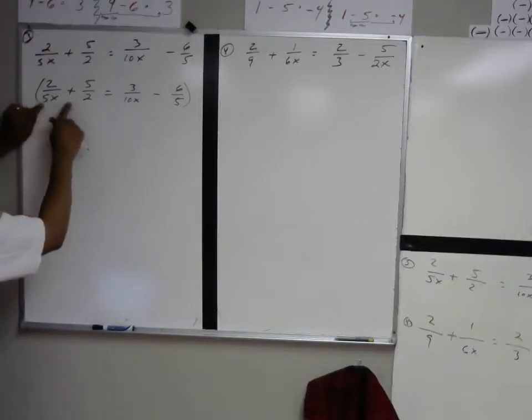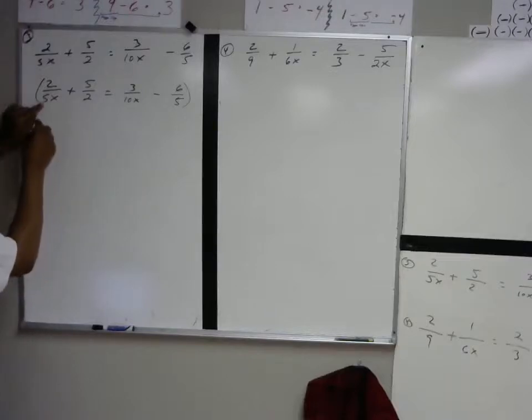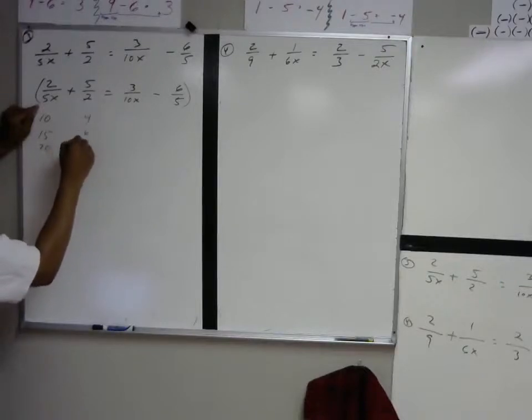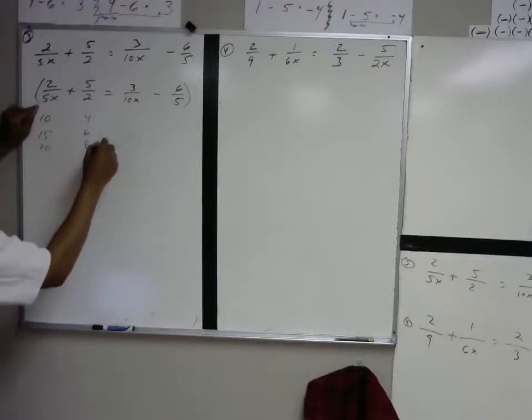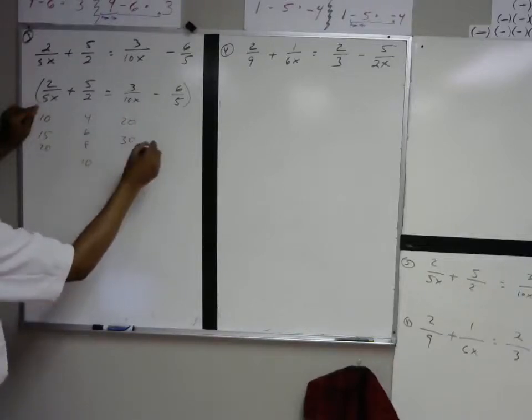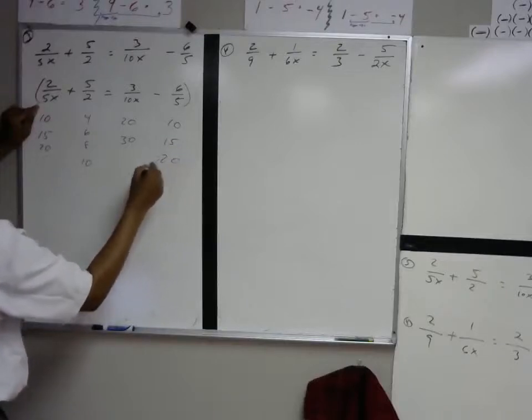And we have a 5, 2, 10, and a 5. The 5 times table will be 5, 10, 15, 20. The 2 times table will be 2, 4, 6, 8, 10. The 10 times table will be 10, 20, 30. The 5 times table, of course, is 10, 15, 20.